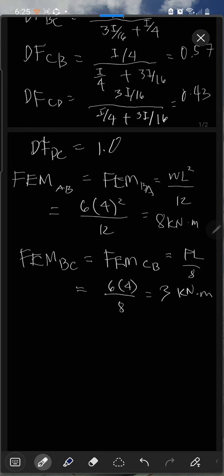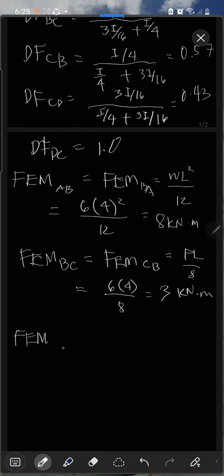Okay. Next is the triangular load. With the triangular load, the fixed end moments are no longer equal. The formula at the end where the load is 0 is different from the formula at the end with the maximum load.